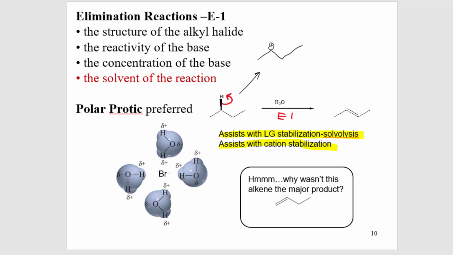But what you're going to notice is that here's the carbon of the carbocation. Here are carbons next door. Each of those yellow carbons next door has hydrogens. If I remove one of the hydrogens on the left using the water as the base, I get that double bond.